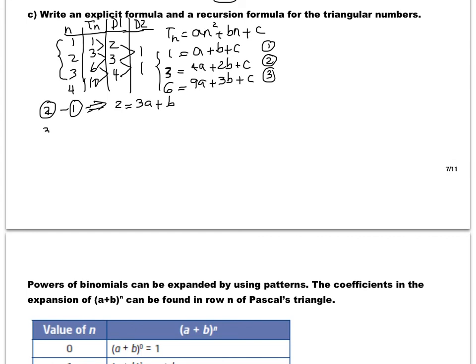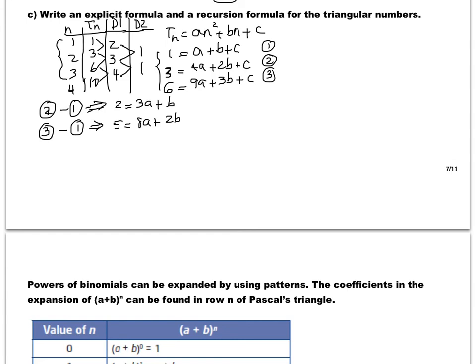Then I'm going to subtract equation 1 from equation 3. This gives me 6 minus 1 is 5, 9a minus a is 8a, 3b minus b gives me 2b, and c minus c gives me 0. Now I have these 2 equations.